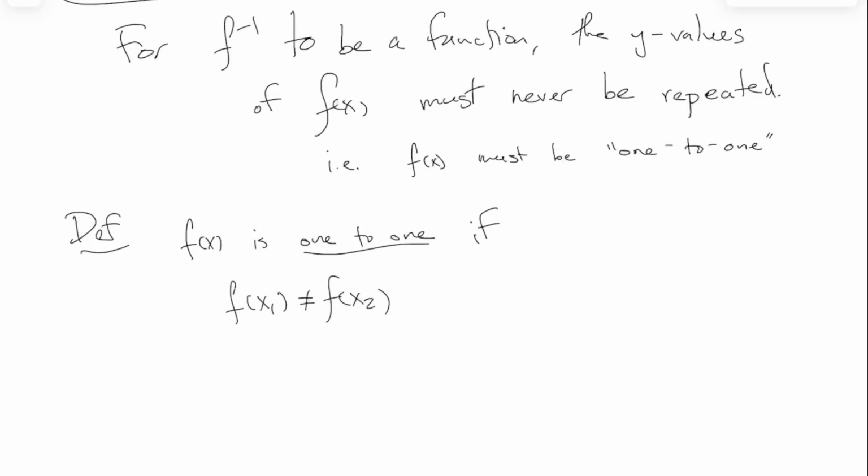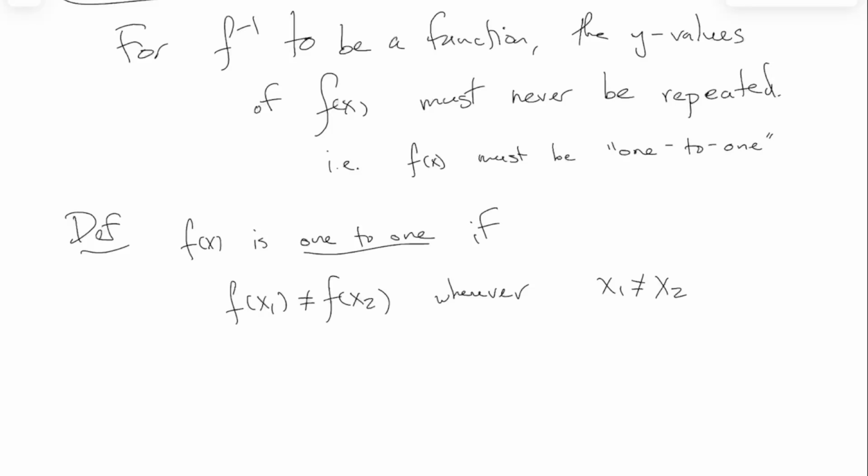Above I said the same thing informally: the y values are never repeated. This holds whenever x1 is not equal to x2. Certainly if x1 and x2 are equal, then these are automatically equal. But when you have two different domain points and plug them into the function, the answers you get are two different y values. That's what 1-to-1 means. All right?